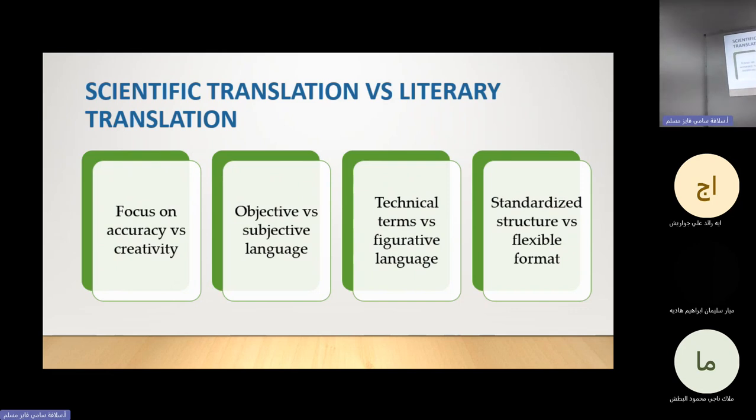Scientific translation versus literary translation. هيك بيعطوكم لمحة بسيطة فيها عن في الكتاب. Okay. So what's the difference between both of them? Creativity. Accuracy لمين؟ Scientific. Creativity. Literary. Objective versus subjective language. مين الobjective؟ Scientific. مين الsubjective؟ اللي بقدر اتخيل شو ما بدي فيها literary.